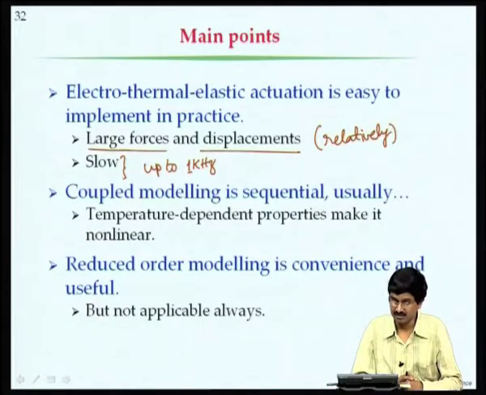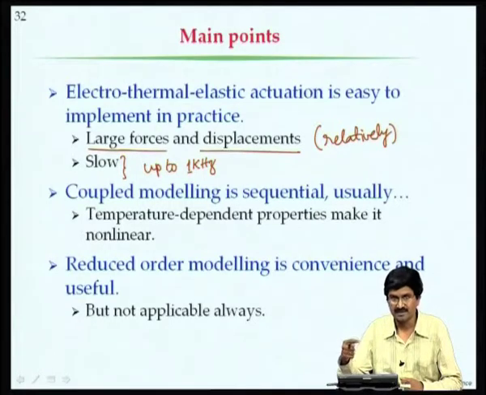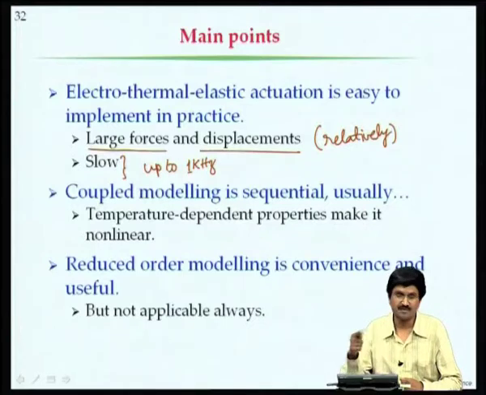And coupled modeling here is sequential usually, but when we include convection, or when we take temperature dependent properties, things can become more complicated, meaning that we cannot do it sequentially, electrical first and then thermal and then mechanical.